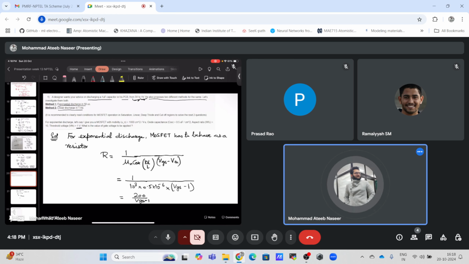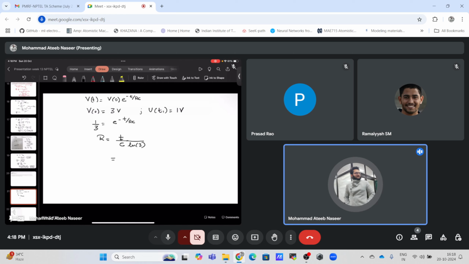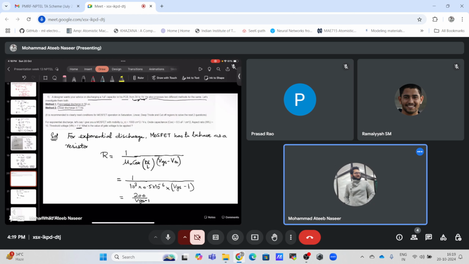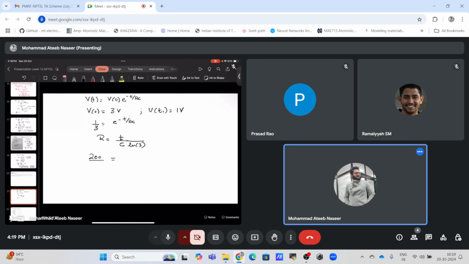t by C, where t is 50 microseconds. What we require to find is R, which is 200 by VGS minus 1.